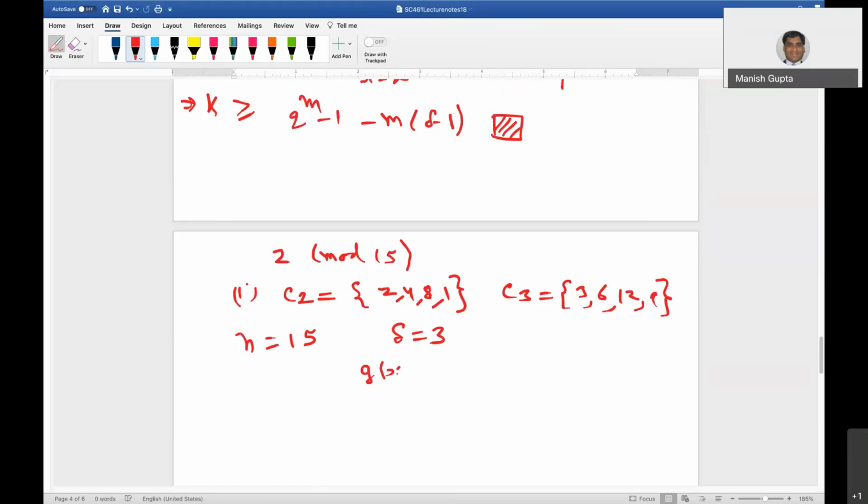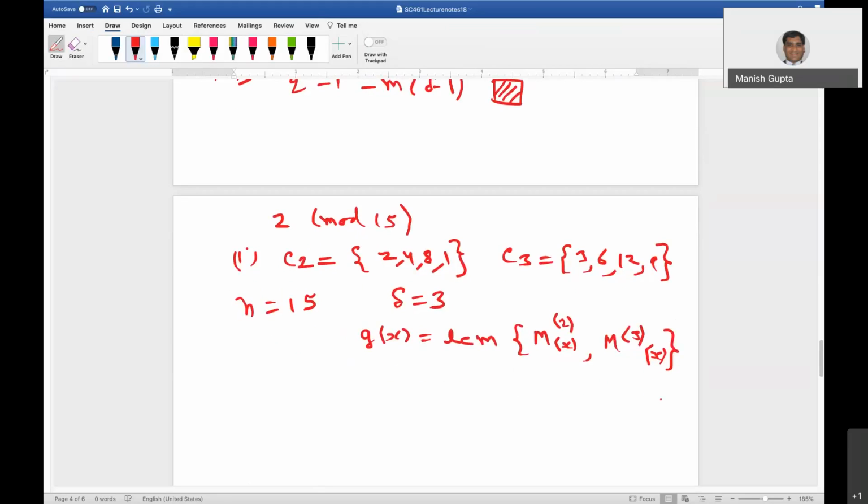So g(x) will be LCM of M1(x) and M2(x). Okay, and dimension will be, in the binary case, 15 minus the cardinality of C1 union C2 is equal to 15 minus 8, which is 7. The dimension turns out to be 7 actually. Okay. Similarly, we can do it for others, I'll leave it as an exercise here.